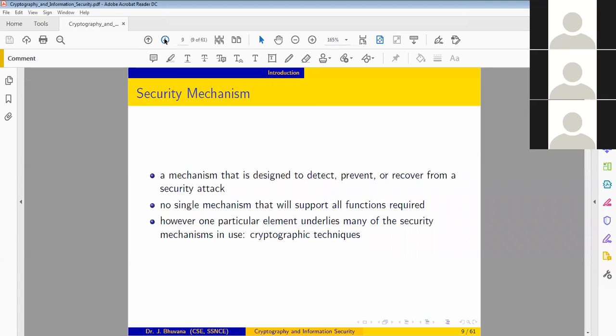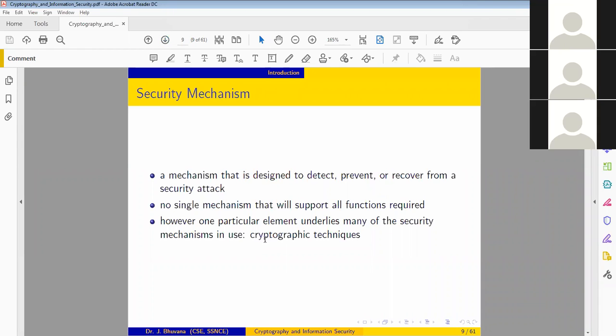Assume the attack has happened; then at least you should have the capability of detecting it. Is detecting enough? No. Once I detect that the attack has happened, I need procedures to recover my system from the attack and bring it back to normal operation. So I need to find some solution or procedure to prevent, detect, or recover from attacks. Such a thing is called a security mechanism.